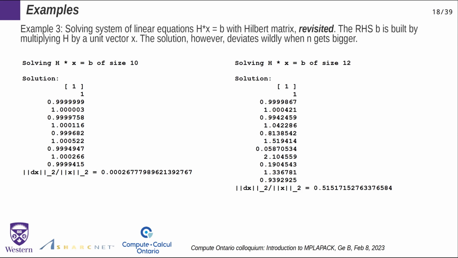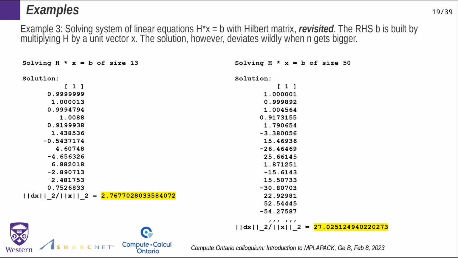As you can see, when size is 10, the relative error is small. So that's okay, that's good. When n is 12, the solution is off, and we have a 50% relative error. What does that mean? So what do you think if we get a relative error of 50%?